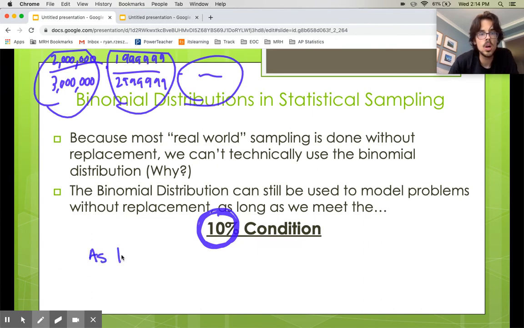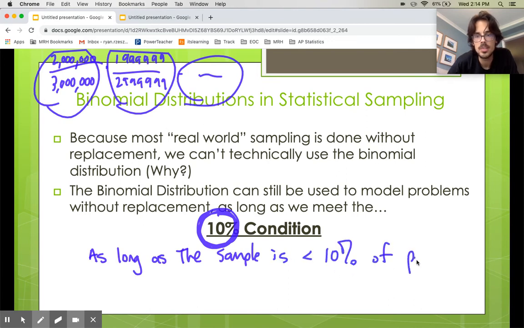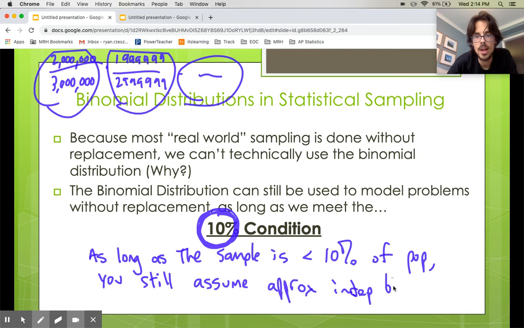So as long as the sample is less than 10% of the population, you can still assume approximate independence between trials.